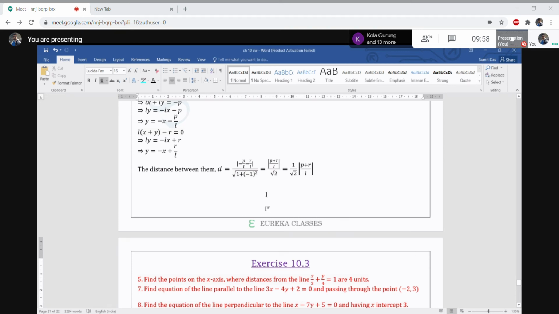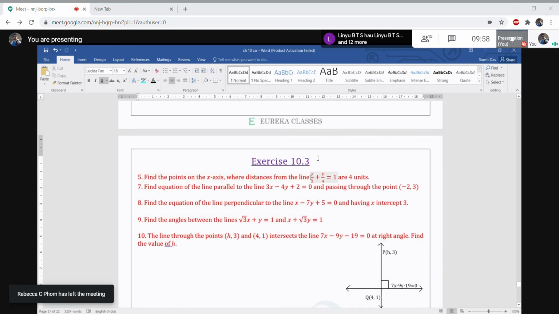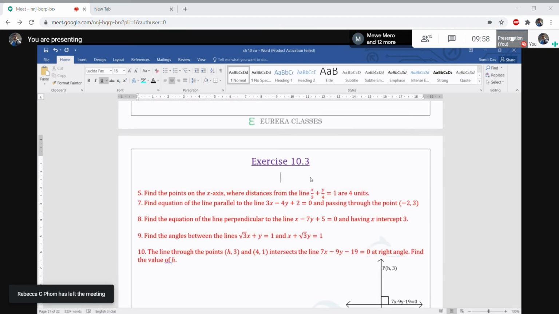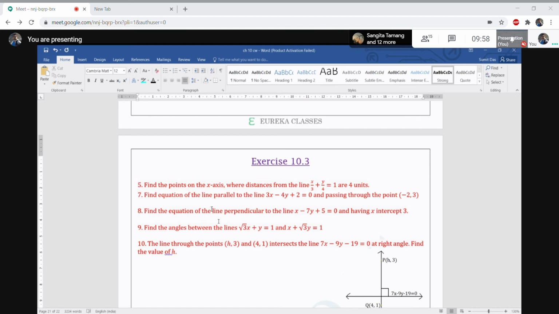I already gave a few example questions, and all these questions are from your exercise. So your homework, before starting question number 5, I'm just mentioning your homework. Try to do this homework by today.